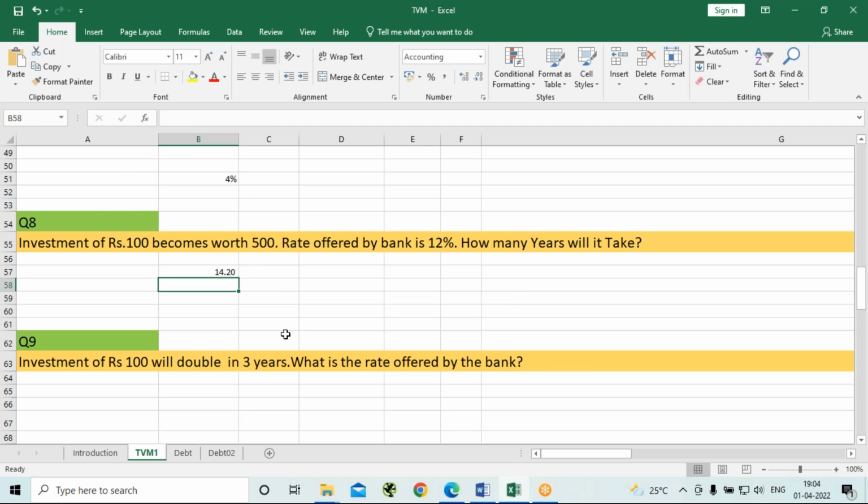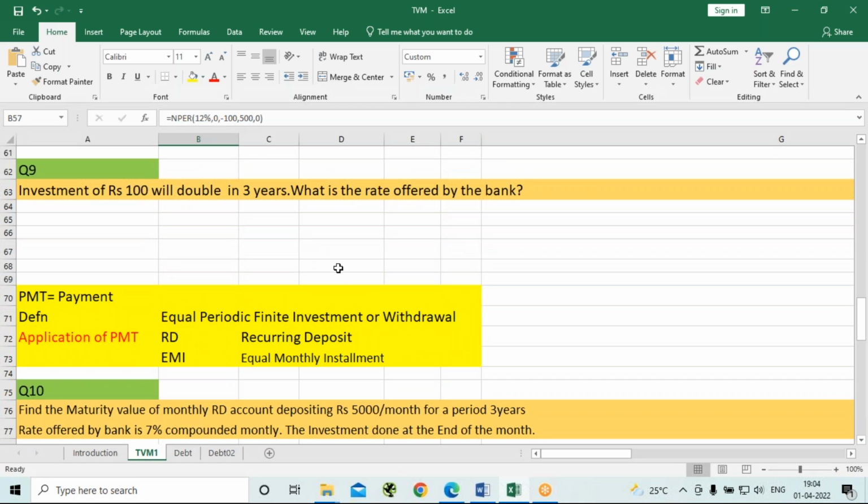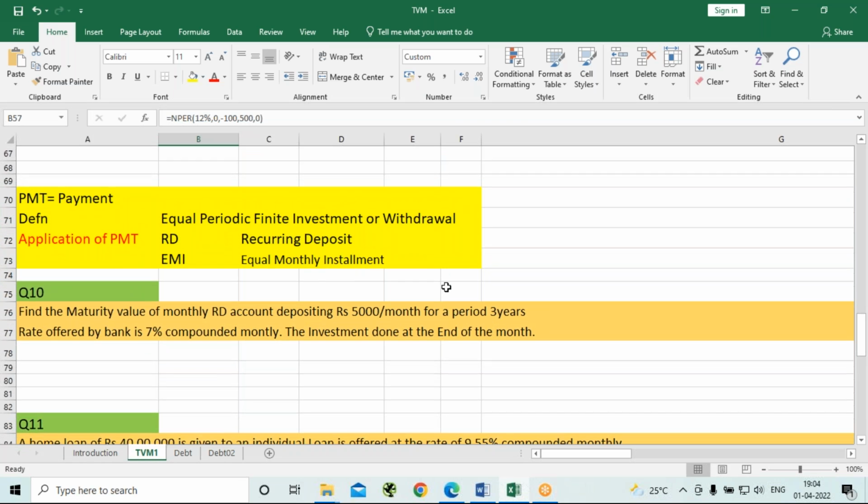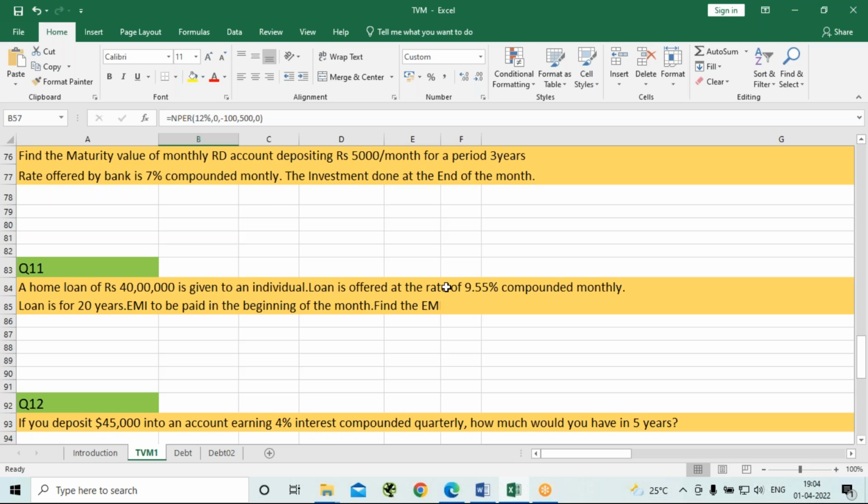So here it is going to take it at 14 years. In case you do not want the decimal value, you can decrease the decimal point values. Okay, so like this you can do it. So once again you can check it out. Are there any questions related to that?